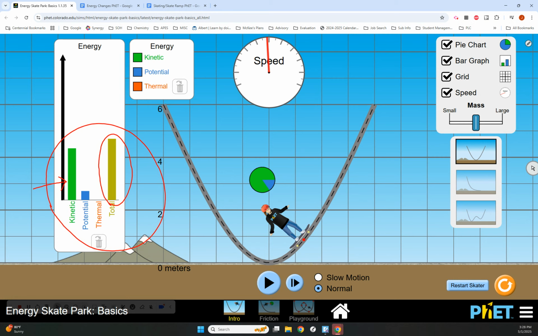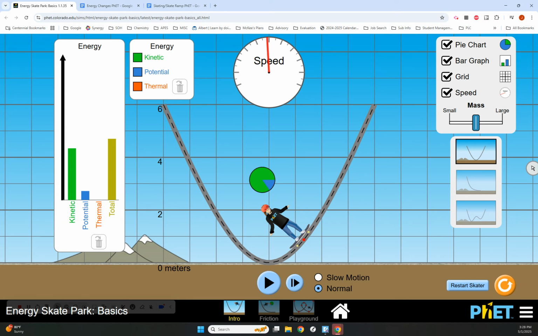So this system is kind of simplified and not very realistic, but it illustrates how energy shifts from kinetic to potential energy. You'll also notice that we don't have any thermal energy because we don't have any friction. But when we go to the friction system, we're going to see the thermal energy come into the equation.